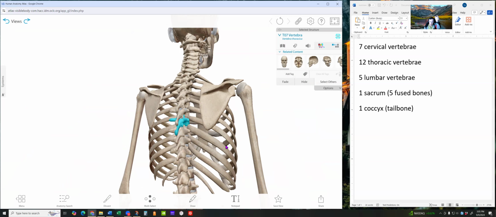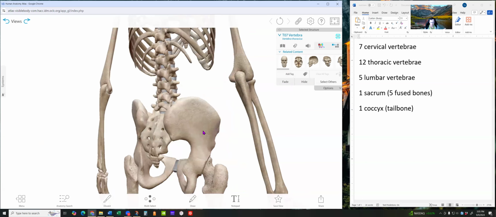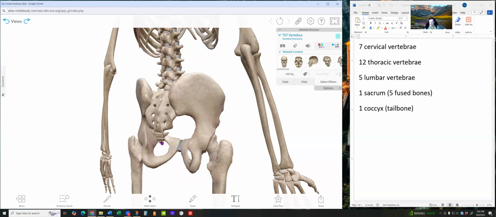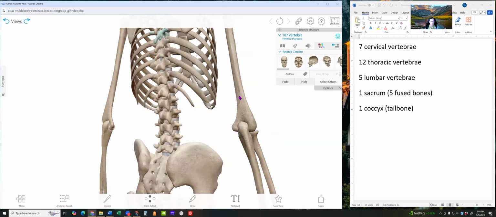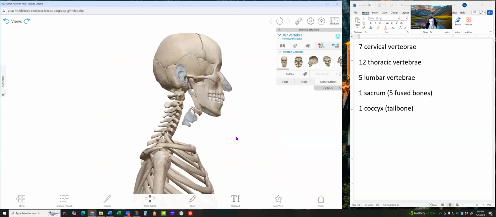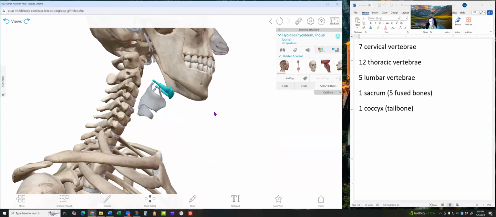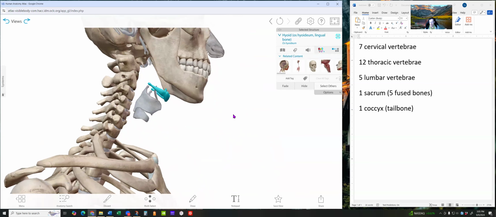We've now shown you the vertebral column. I've shown you some features of the thoracic vertebra and where the ribs touch them. I've also highlighted for you, although you can do it easily on your own, the sacrum and the coccyx. Okay, so we have basically covered the entire axial skeleton, other than highlighting, of course, the hyoid bone, which is right here, right? The hyoid bone's right under your mandible.